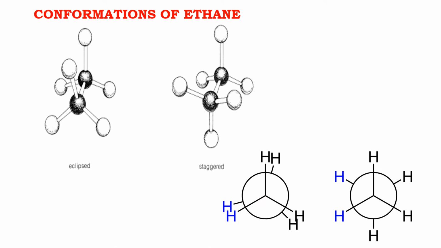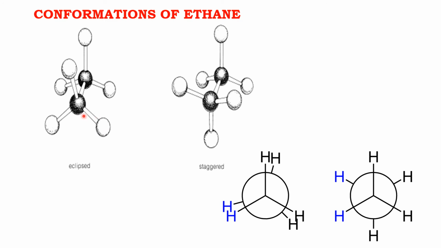The conformations of ethane could be represented as the extreme cases: eclipsed conformation and staggered conformation. See here, in the eclipsed conformation, the carbon atoms and the three hydrogen atoms eclipse each other.